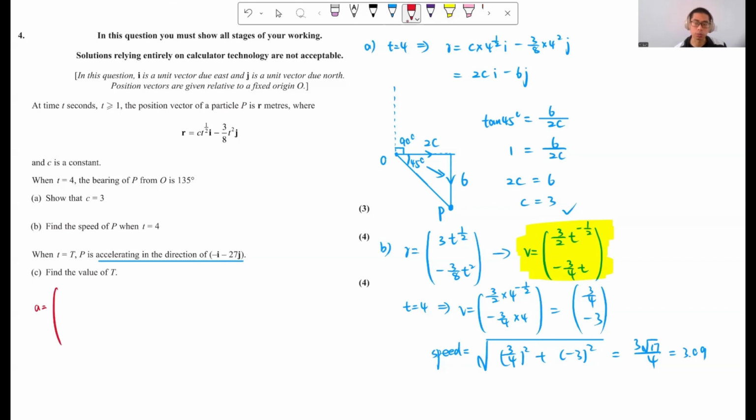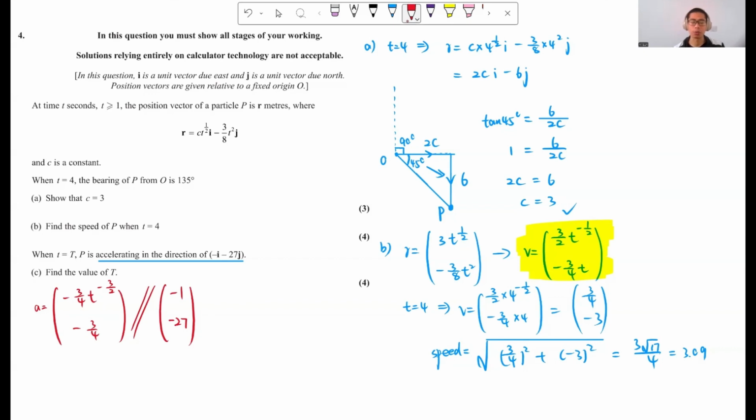So a is equal to, bring down the power, 3 over 2 times negative 1/2 is negative 3 over 4, and then negative half minus 1 is negative 3 over 2. That'll be the i component. And then negative 3 over 4 t differentiates to negative 3 over 4. The acceleration vector is in the same direction as negative i minus 27j, so it is parallel to negative 1 and negative 27.